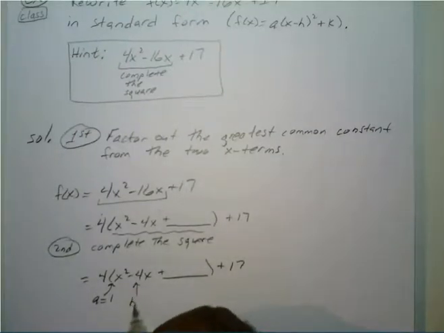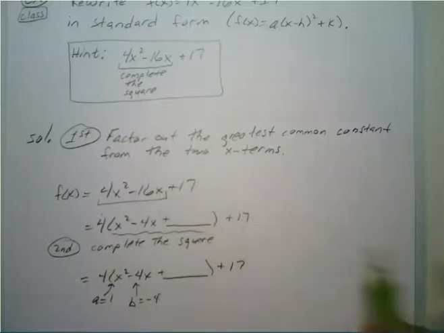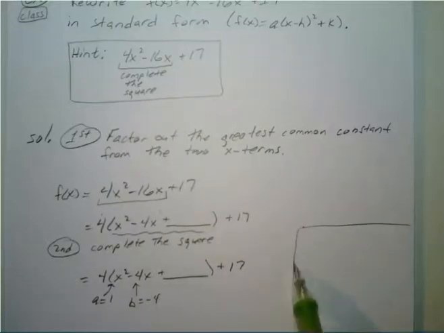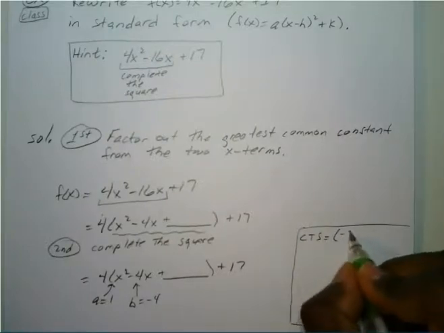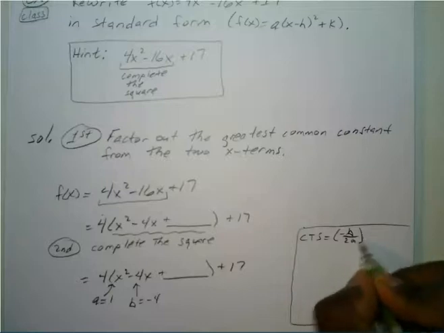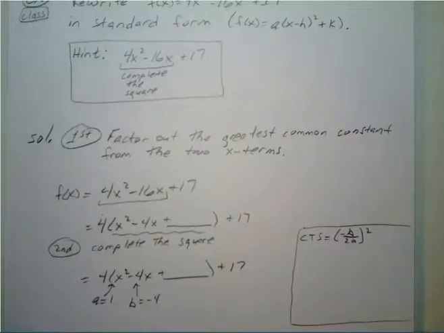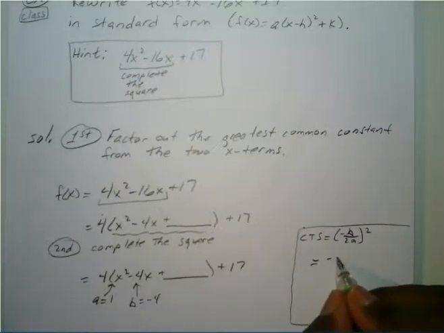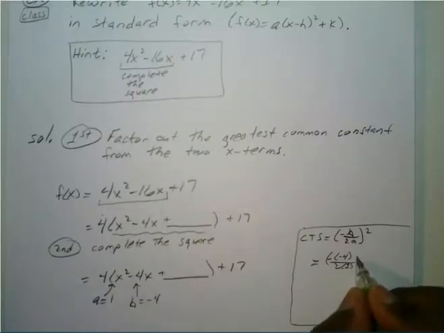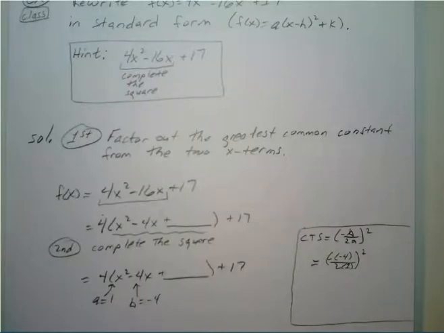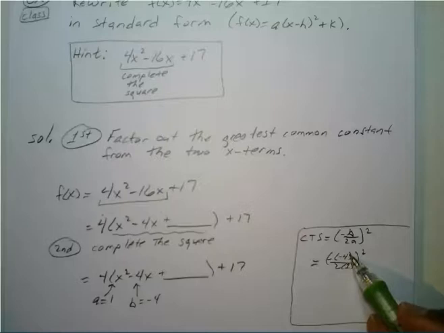We see here that our b is equal to negative 4. So we're going to do our completing the square right here on the side. So our completing the square is equal to negative b over 2a squared. Okay, so that's going to equal negative 4 over 2 times 1 squared.